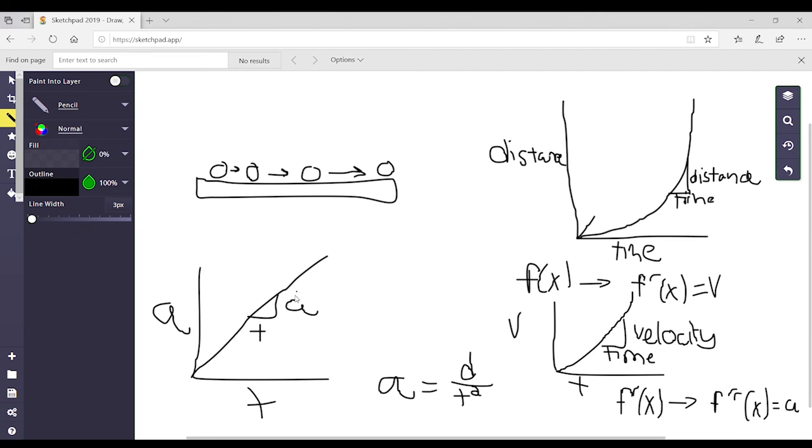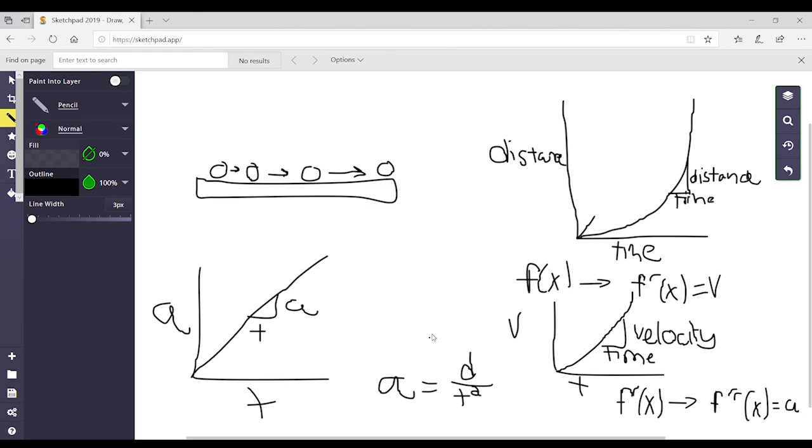So that's how much the acceleration is actually changing as time goes on. So if the acceleration is changing as time goes on, that means that velocity is going to get faster as time goes on. So that just means that the acceleration is actually increasing. So the velocity is not only getting faster and faster, it's getting faster and faster at a faster rate. Saying faster a lot, but yeah.